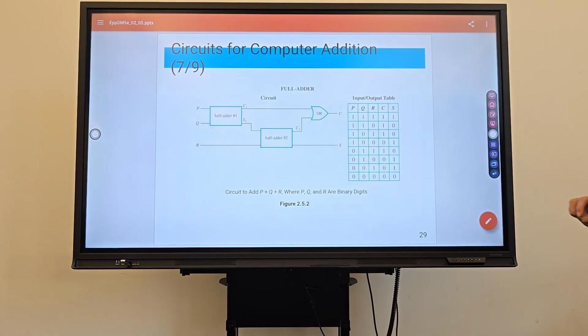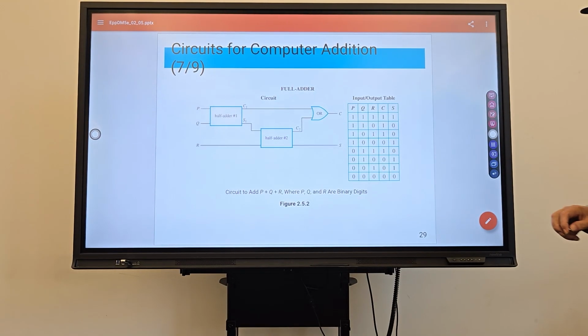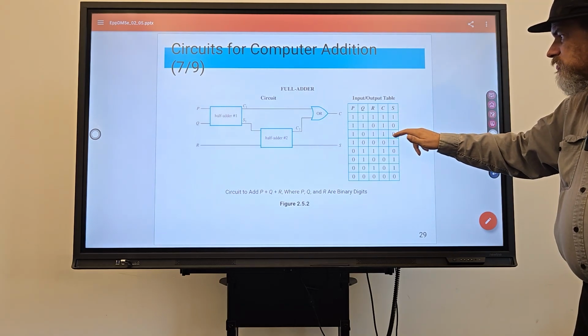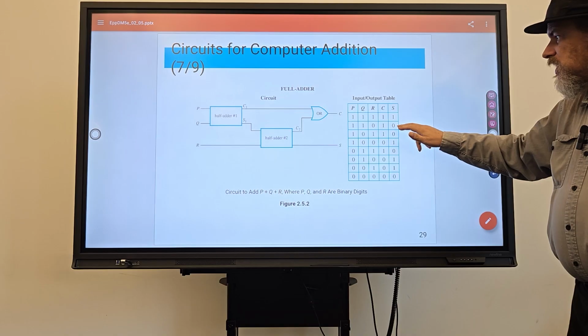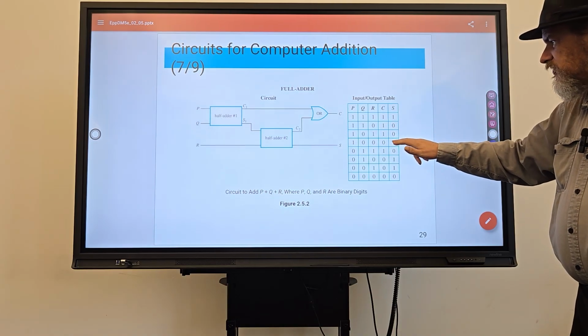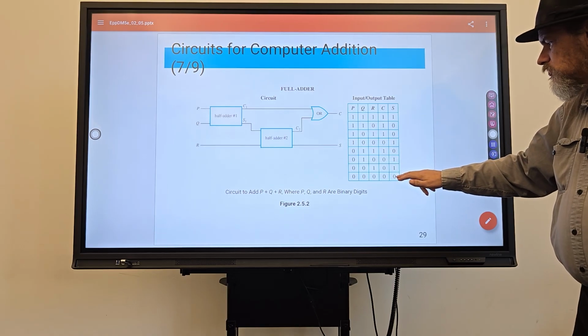And the input-output table or state table looks like this. Sum is 1, carry is 1, 0, 1, 0, 1, 1, 0, 0, 1, 1, 1, 1, or 0.